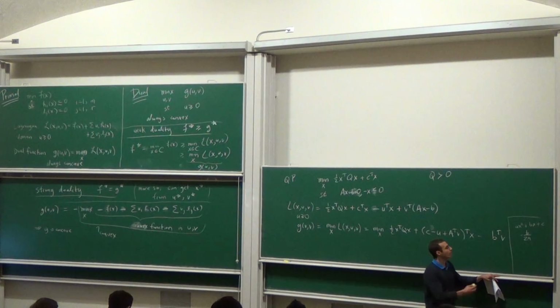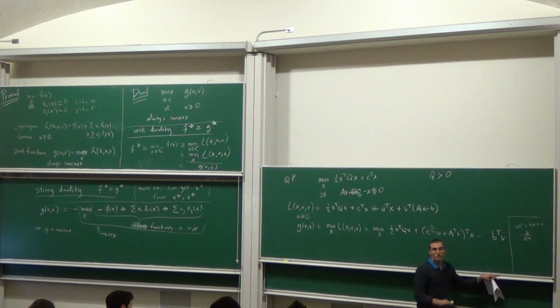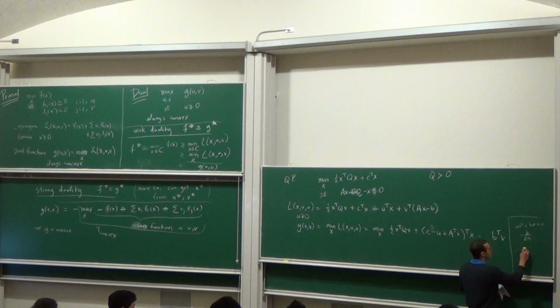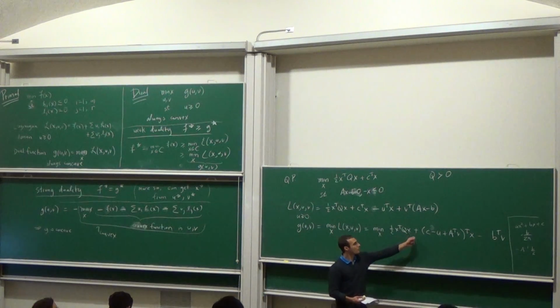I just remember that. So in general, if I have a quadratic form like that, its minimizer is going to be the same thing, but A is a matrix, so I have to take the inverse of that. For a matrix, it's just minus A inverse b over 2. So the minimizer here is just minus Q inverse times that.